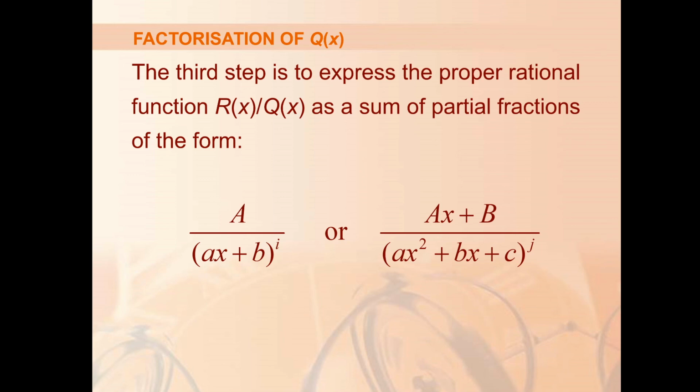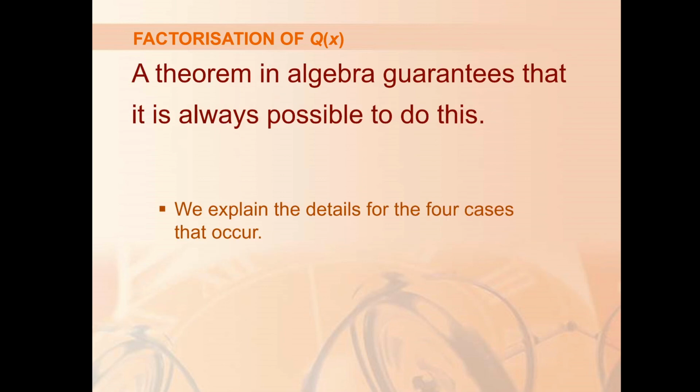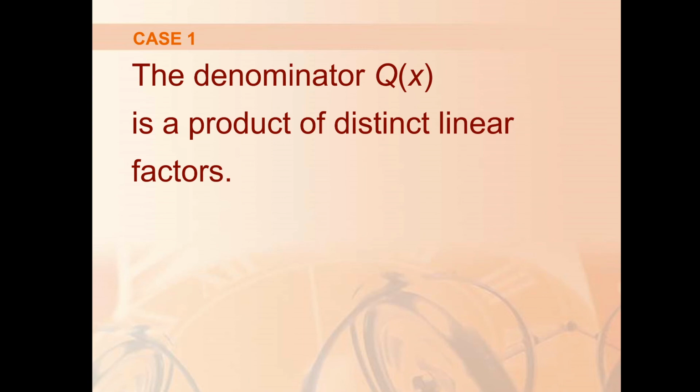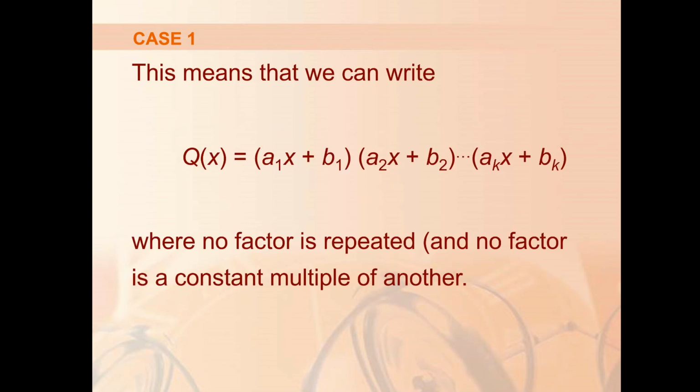The next thing we'll talk about is the way to set up the partial fractions. Let's skip all this and get into the partial fractions. Case 1: the denominator q of x is a product of distinct linear factors. Let's say we have distinct linear factors, something like this.